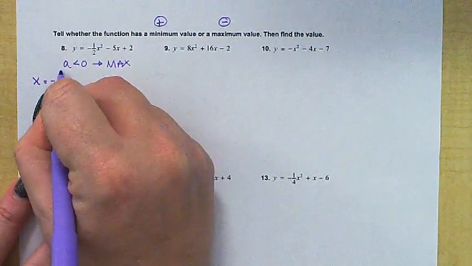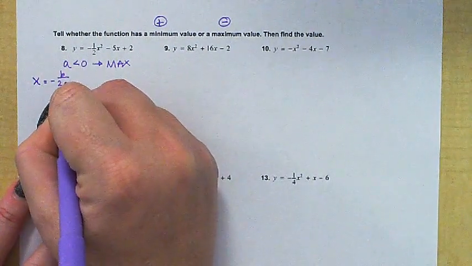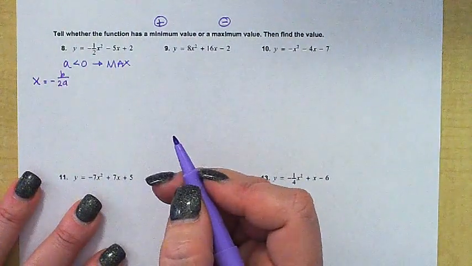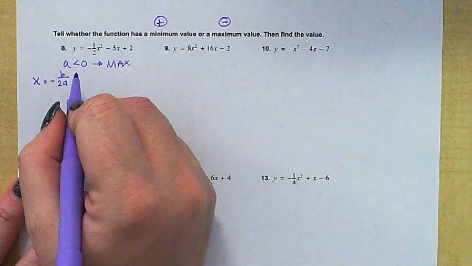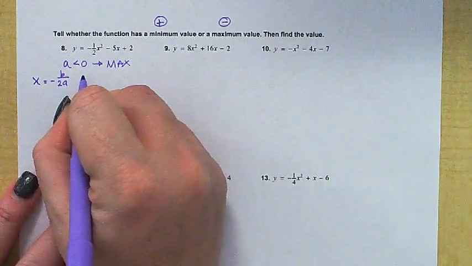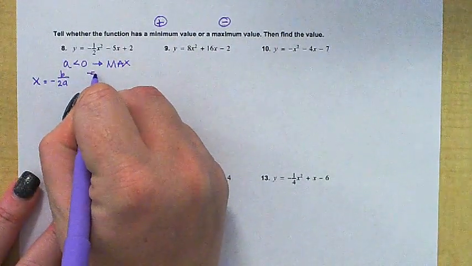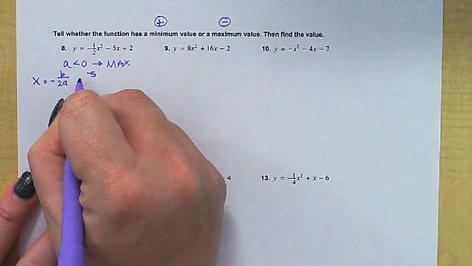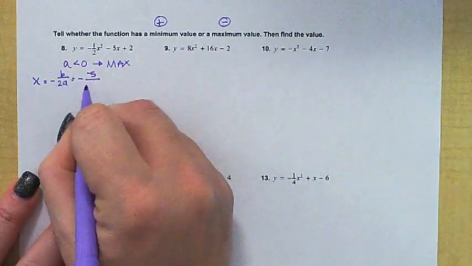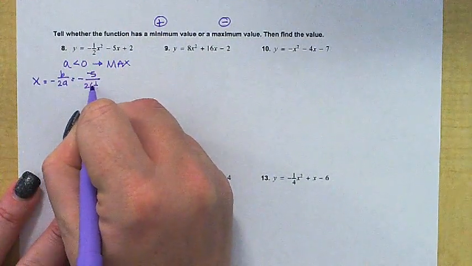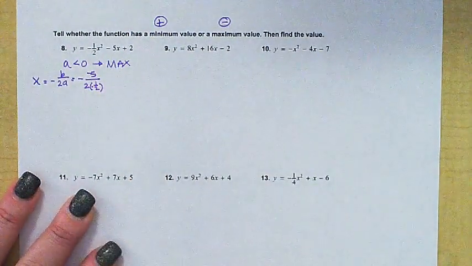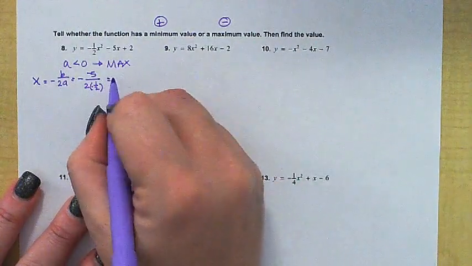So in order to find our vertex, we have to take negative b over 2a. We're going to fill that in. I have a -5 over 2 times -1/2. Sorry, that got teeny tiny there.